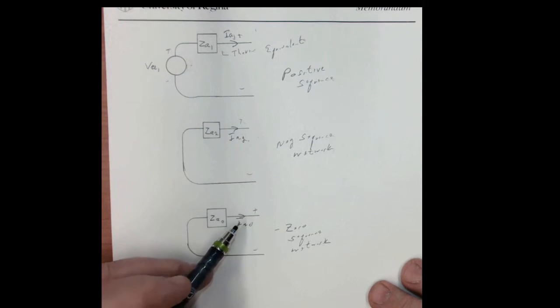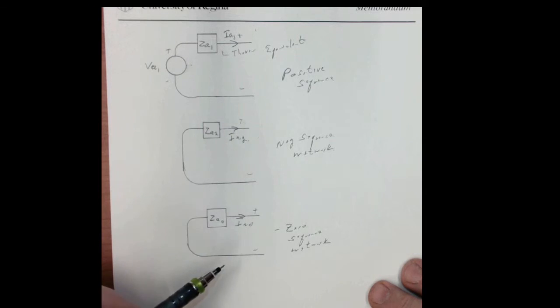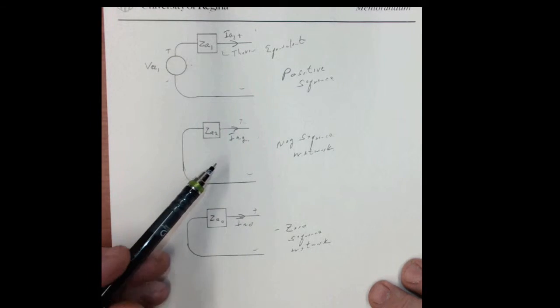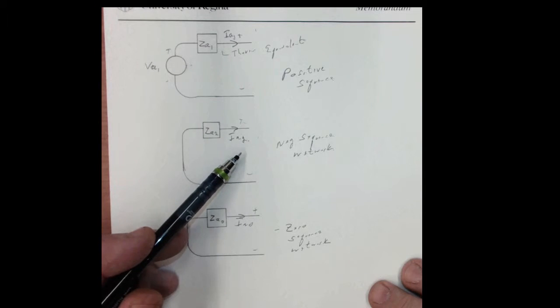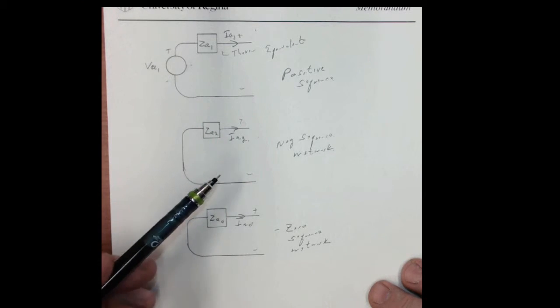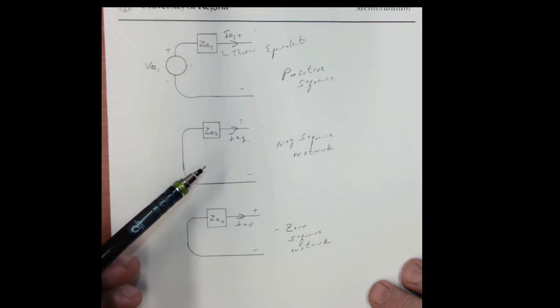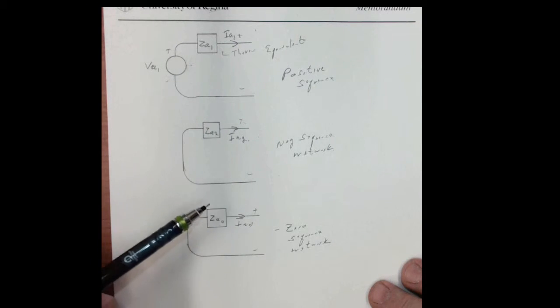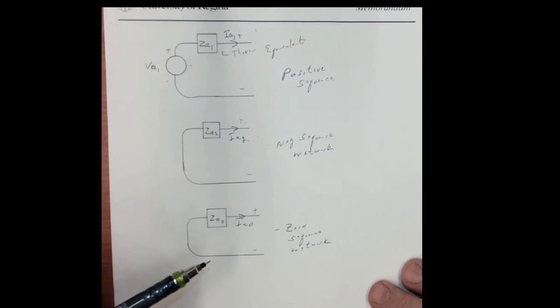Again, I'm finding the sequence component of the A value, and from that I can find my IB0 and my IC0. They're easy, they're all going to be the same value. And IB2 will be shifted in phase with respect to IA2, and so on. So now the question is, how do we connect these networks for various faults?